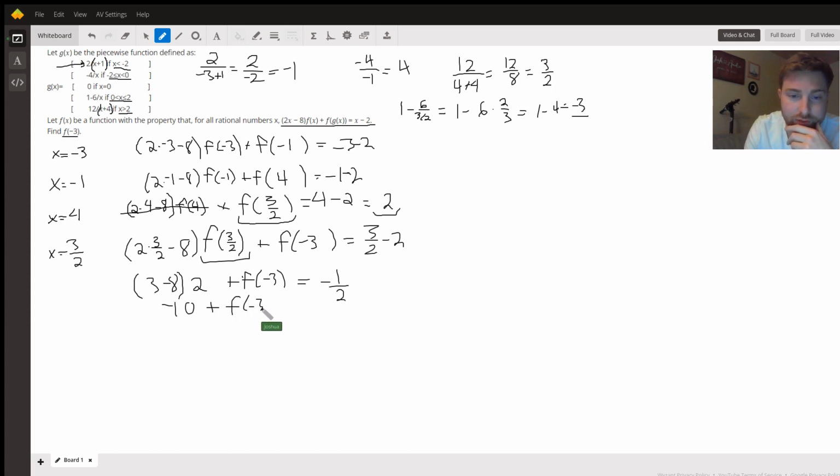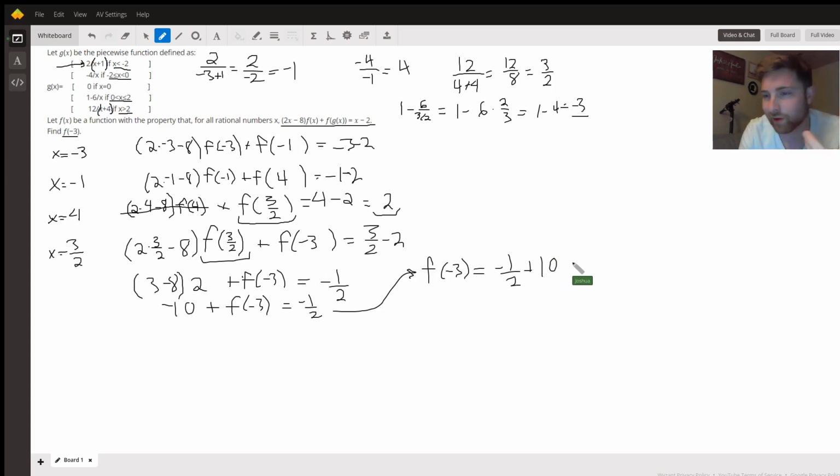So negative 10 plus f of negative 3 equals negative 1/2. We can add 10 to both sides, and f of negative 3 is negative 1/2 plus 10. That's going to be 20 halves minus 1, so 19 halves. Dang, we just figured out what f of negative 3 is. What a problem.